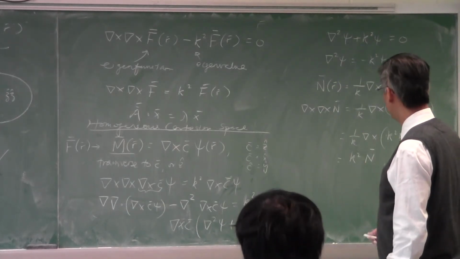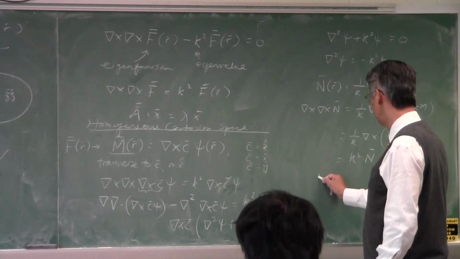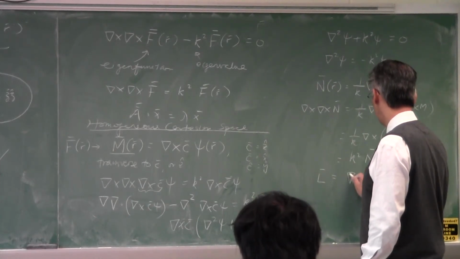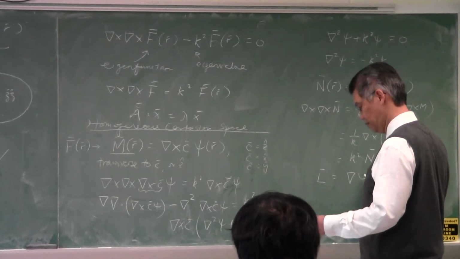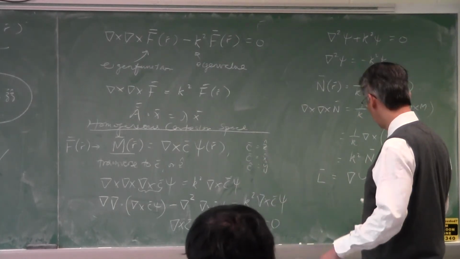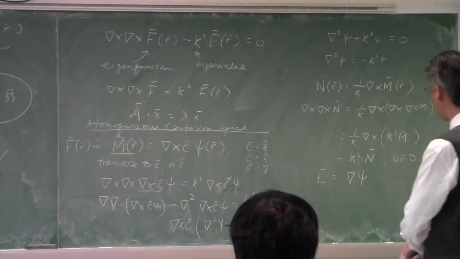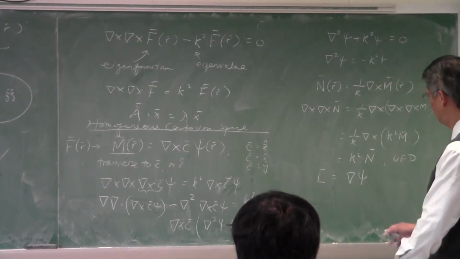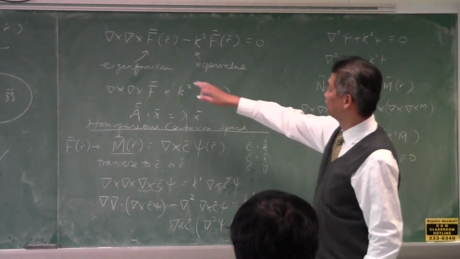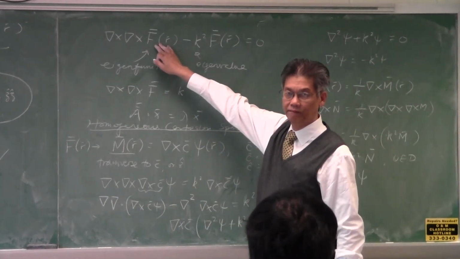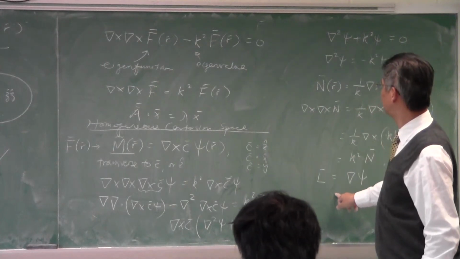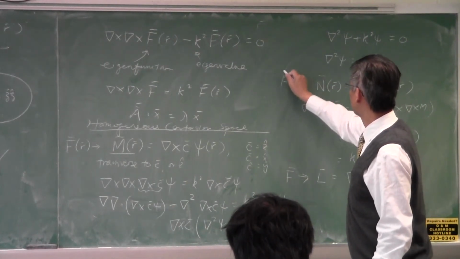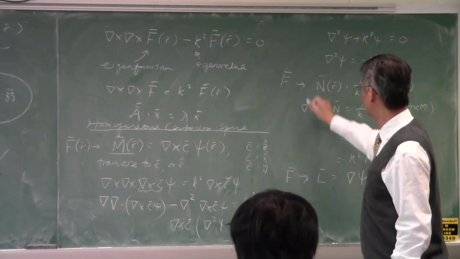Okay? And then you can construct a third one, also called L, which is the gradient of psi. Okay, gradient of psi. And this L has a property that it always makes the first term go to 0. If I define the vector wave function f to be of this form, this is the second form. Okay. This is the third form.